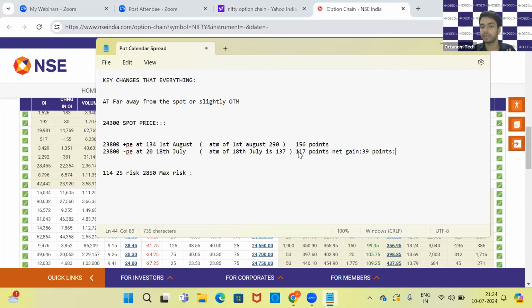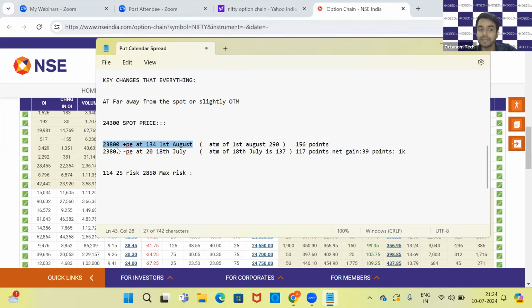This is my net gain if the market comes to 23,800. If it starts falling, that is around 975 points. Now, just understand one more thing. If Nifty starts coming down gradually, my 23,800 will start making money, correct?